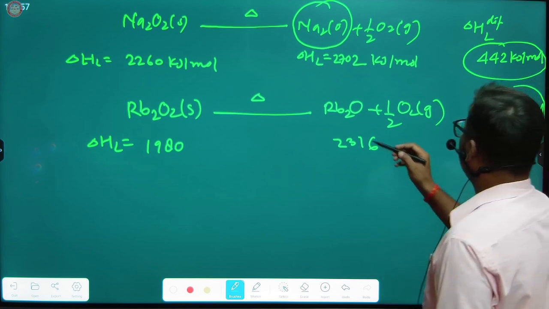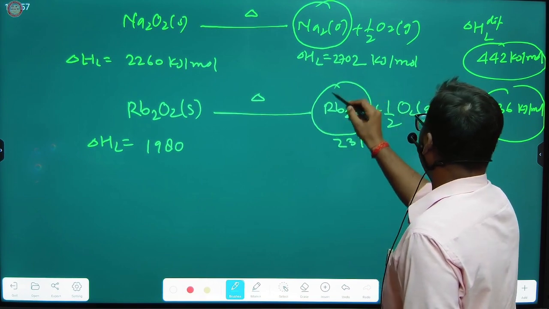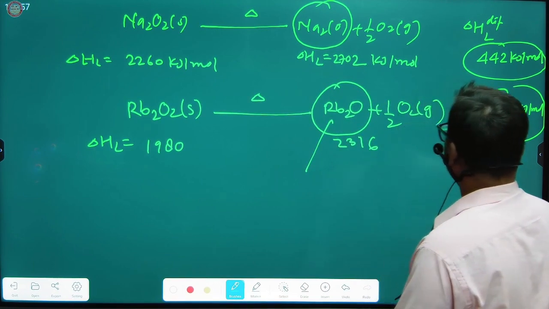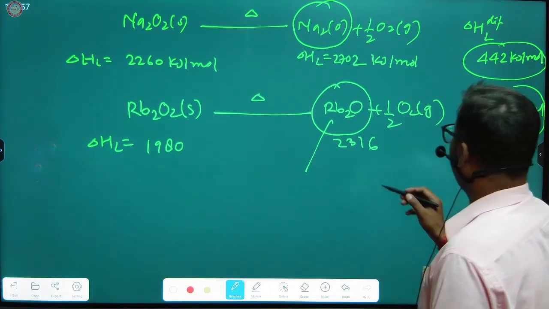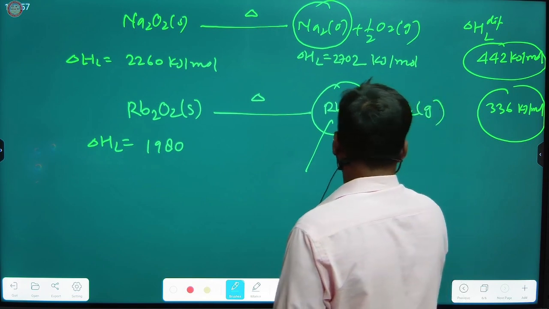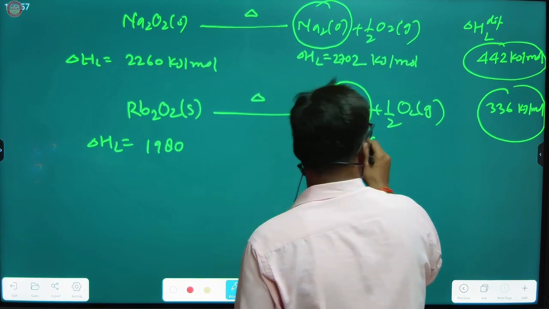It means there is less chance to exist in the lattice, so it does not form effectively.